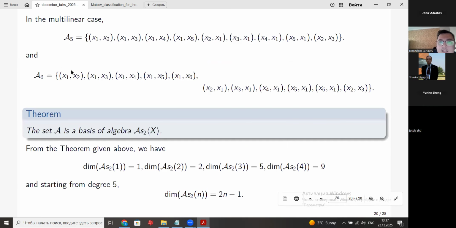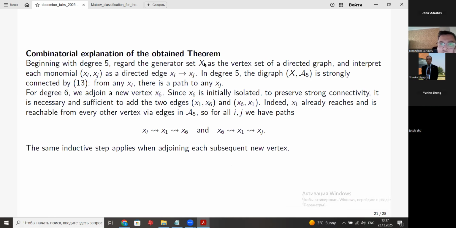Beginning with degree 5, we consider the generator set X as the vertex set of a directed graph, and we interpret each monomial xi xj as a directed edge from vertex xi to vertex xj.